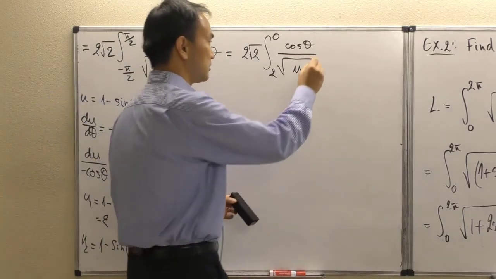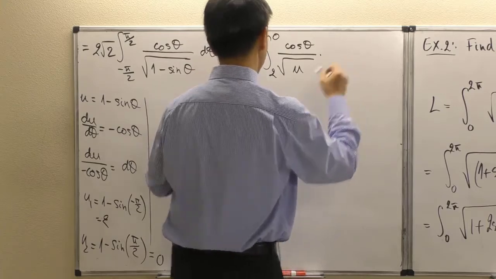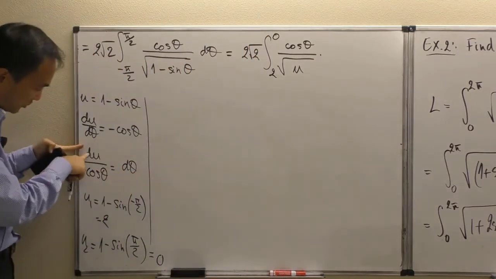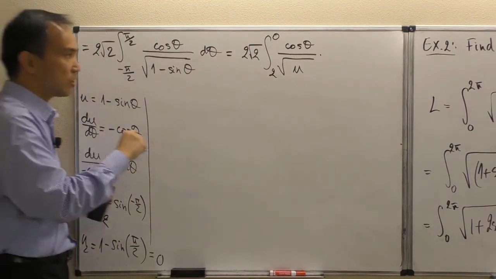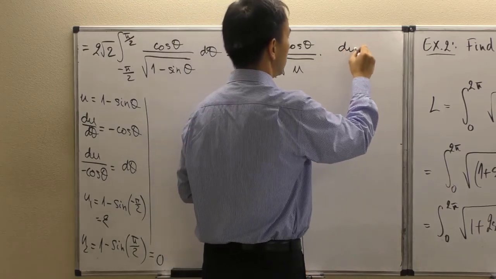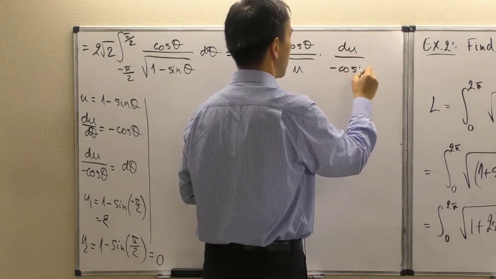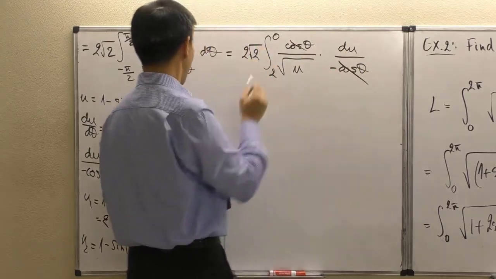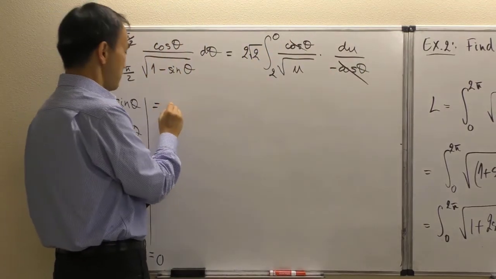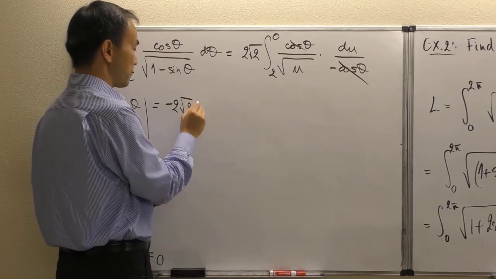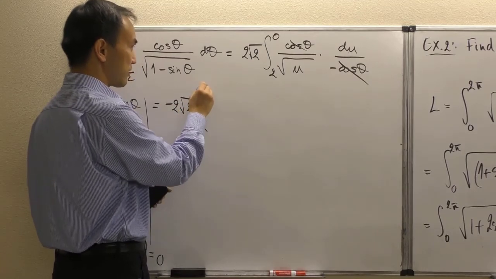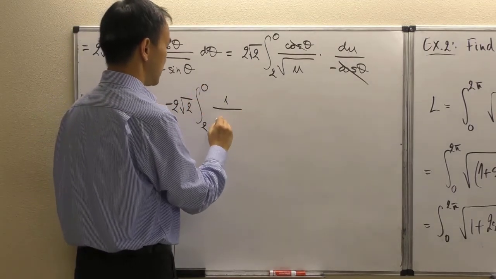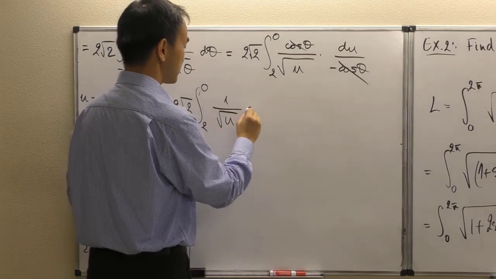And d theta had a substitution, du over negative cosine of theta. So now the cosine of theta will cancel and leaves a negative sign in front. So in my next step, it's a minus 2 square root of 2 times the integral from 2 to 0 of 1 over square root of u du.